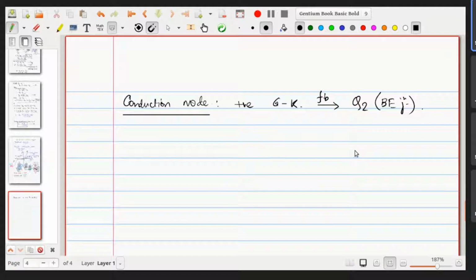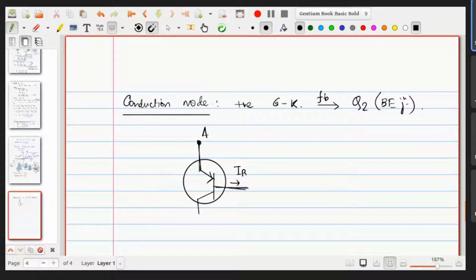Let me see how we can represent it over here. Let me try to represent with a particular figure. Say this is our anode. Say this is our PNP transistor.